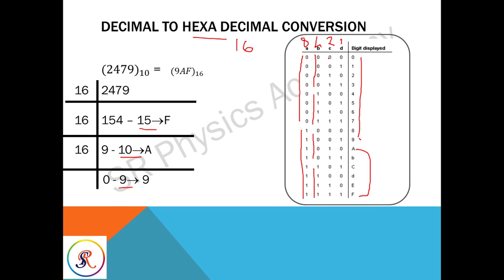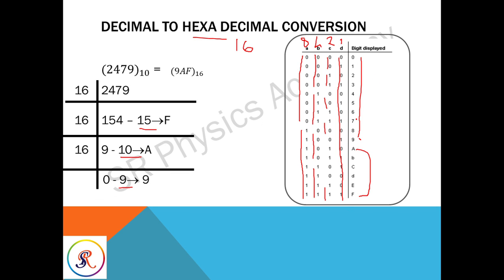Then again 2 times 0, 2 times 1, like till the end. After that 1 by 1, that means 0, 1, 0, 1, 0, 1 till the end. Is it clear? So we have to remember 8 times 0, 8 times 1, then 4 times 0, 4 times 1, continuing till the end from 0 to 1.